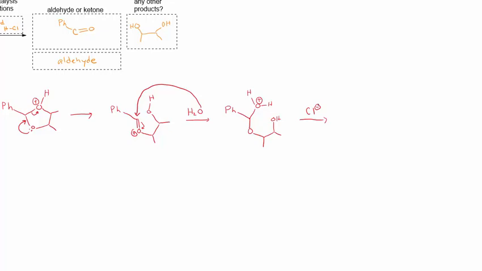The next 2 steps are acid-base reactions, and we'll use the conjugate base of the original acid that we used for this. So here's the neutral structure. It's a hemiacetal, and this molecule is also an alcohol over here. By opening the ring, we've separated those 2 from each other.